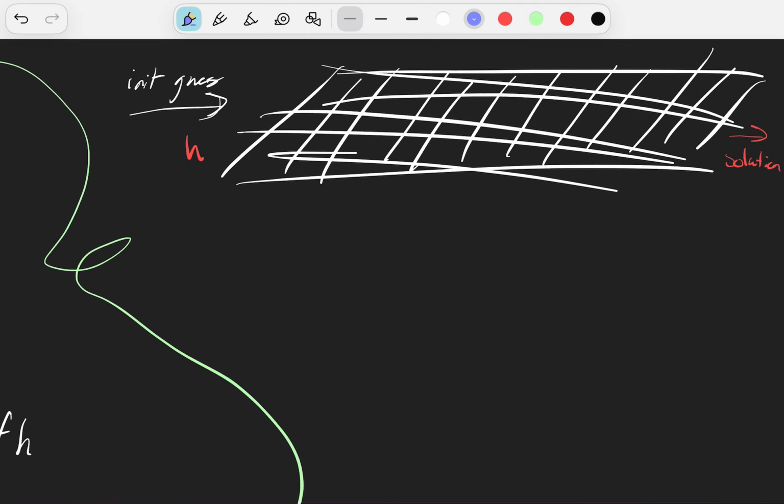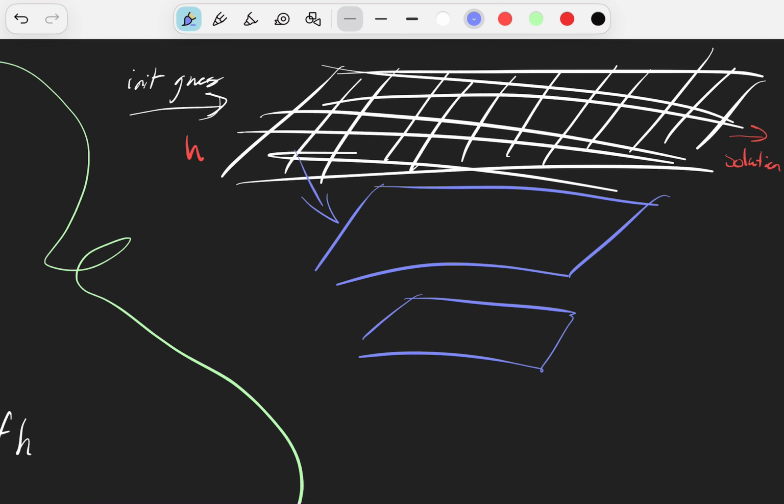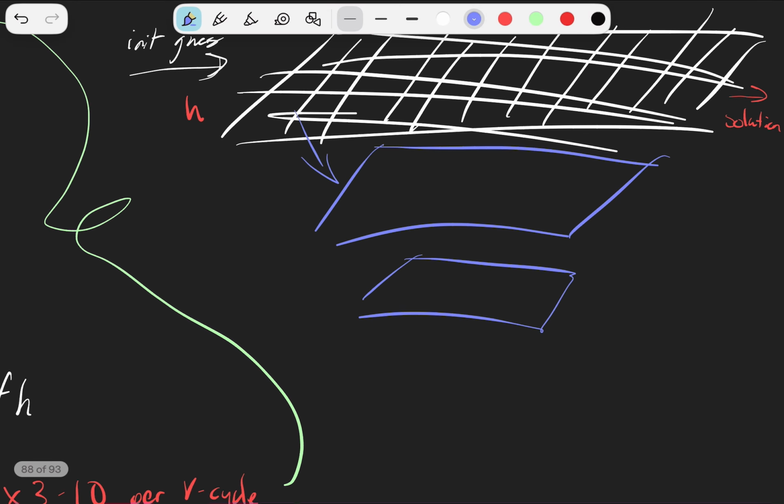Well, what we can do is perform the restriction, we're restricting to a coarser grid, if you will.